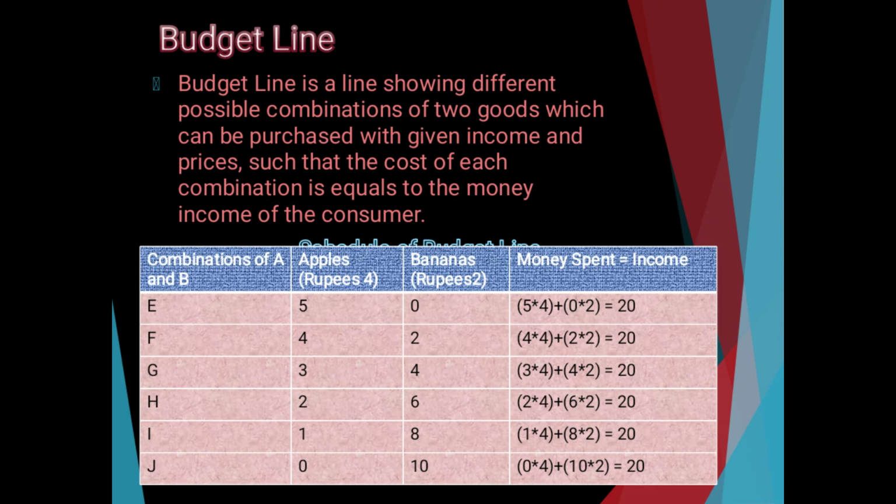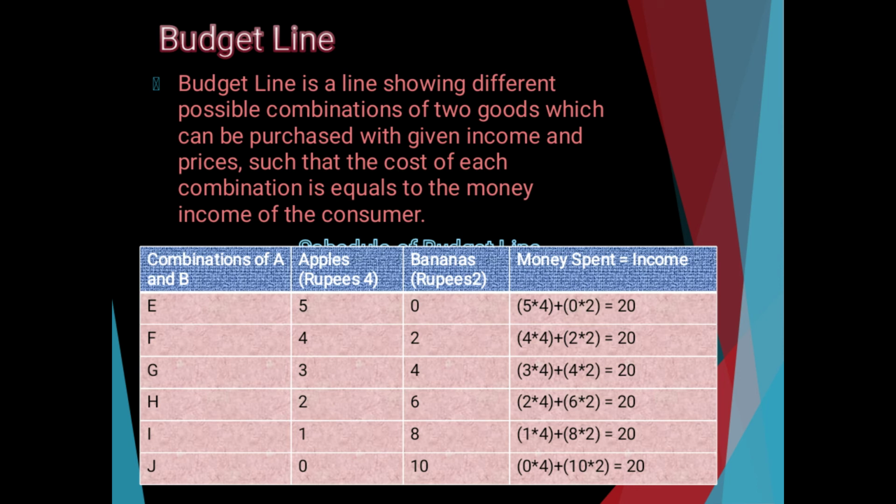So take combinations of goods, apples and bananas. The price of an apple is 4 rupees per unit, and a banana is 2 rupees per unit. What we have to do is make the money spent equal to the income.